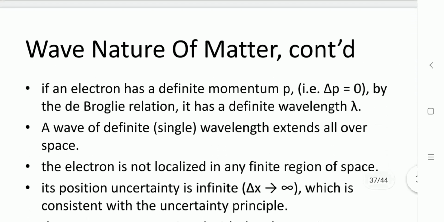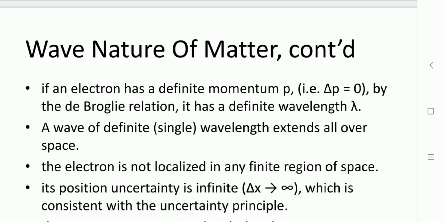If we take the uncertainty of the momentum delta p equal to 0, by the de Broglie relation it has a single wavelength lambda, which extends all over space. Then the electron is not localized in a finite region of space, and delta x extends to infinity, which is consistent with the uncertainty principle. As delta p is 0, delta x should be infinite.